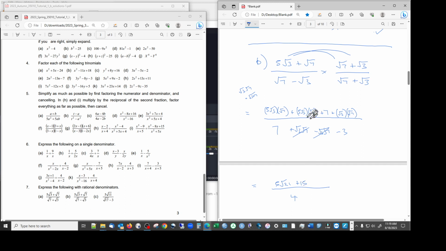So that was just a rationalising thing happening. Plus 7 root 3, so it's root 21. Alright, so 15 and 7 now is 22. And an apple plus an apple is 6 apples. So we've got 22 plus 6 root 21 over 4.